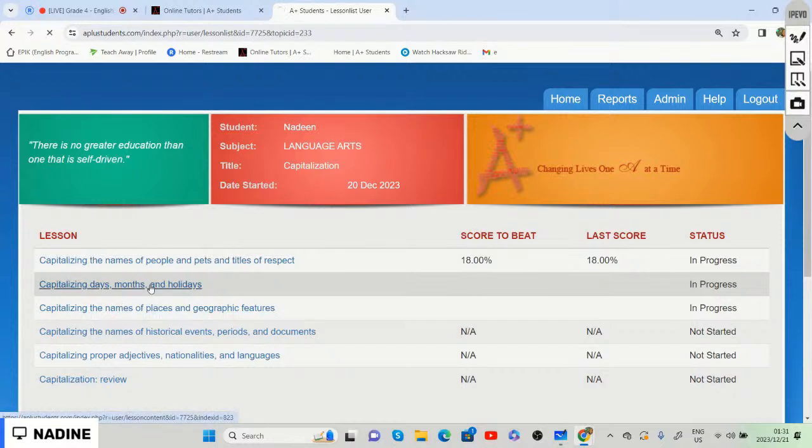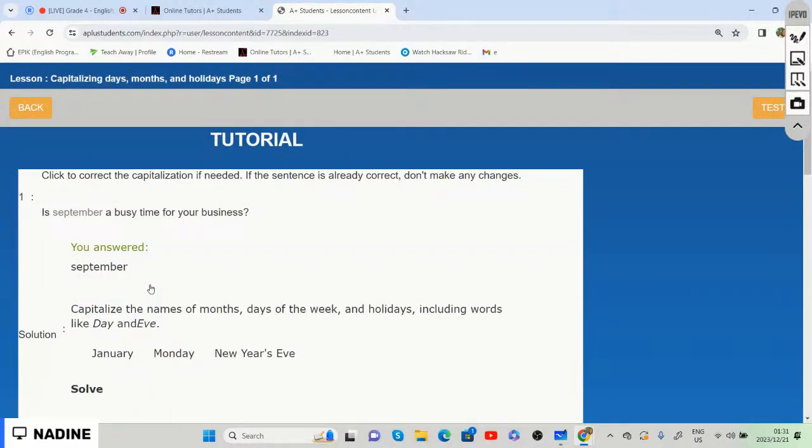We said that the days of the week, Monday to Sunday, need to be capitalized. Months of the year need to be capitalized when we are writing them, January to December, as well as holidays.